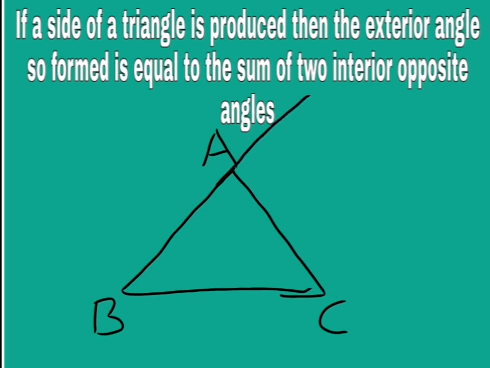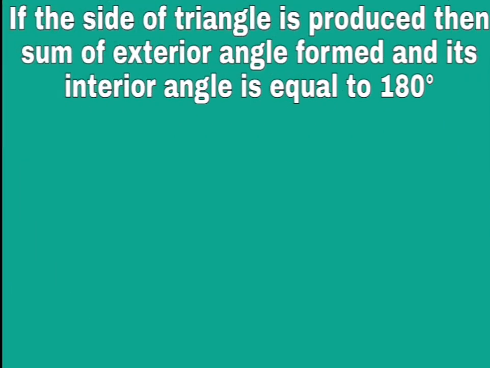By extending the AB side, we get an exterior angle at point A, right? The measurement of this exterior angle will be equal to the sum of the interior opposite angles. To this exterior angle, the interior angle is A, and the opposite angles are B and C. So when we add angles B and C, we will get the measurement of the exterior angle. I hope you understood this property. Let's move on to the next property.